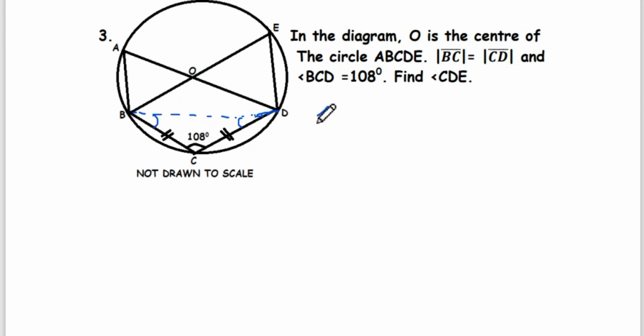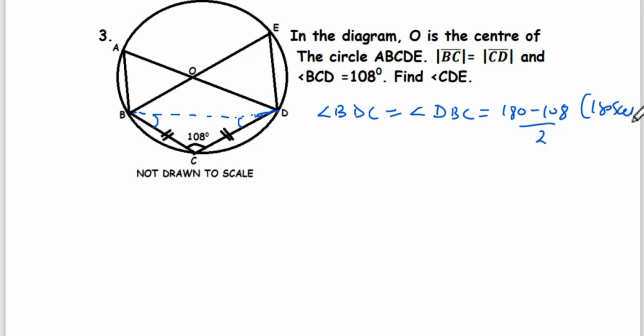So angle BDC is equal to angle DBC, which is equal to 180 minus 108 divided by 2. That's isosceles triangle. So 180 minus 108 is 72 divided by 2. That's 36 degrees. So this angle is 36, this also 36.